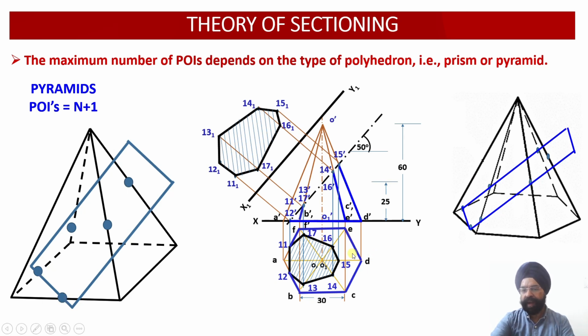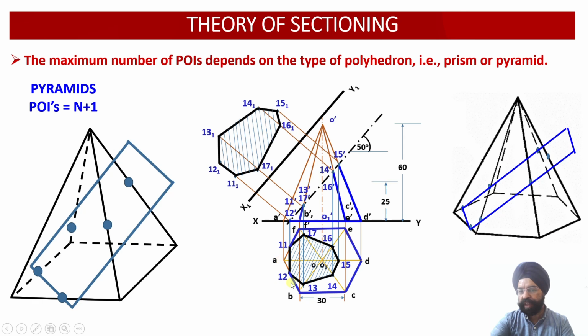So you can check, this is again a hexagonal pyramid. So in a hexagonal pyramid, 6 slant edges are there. My cutting plane is oriented such that it does not cut the 6th slant edge over here. So 5 slant edges have been cut, and then the base. Once it cuts the base, you can see AF has been cut, AB has been cut.